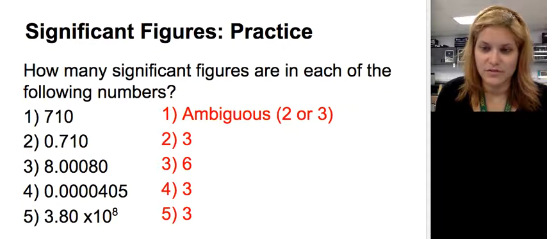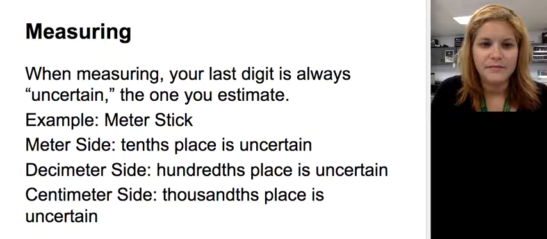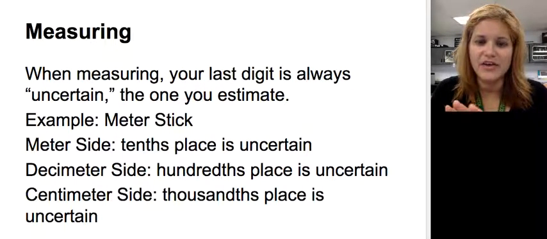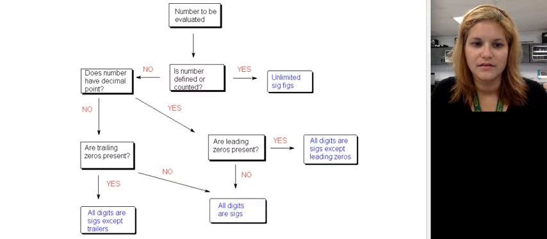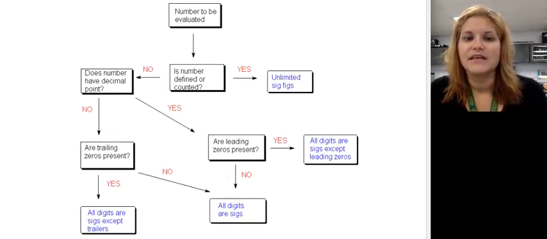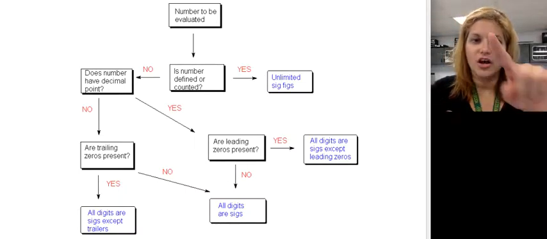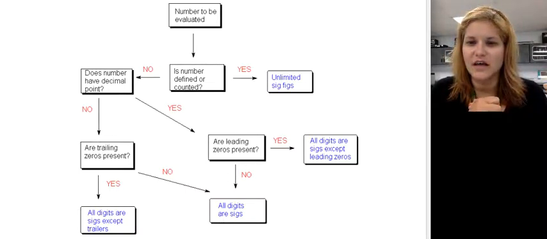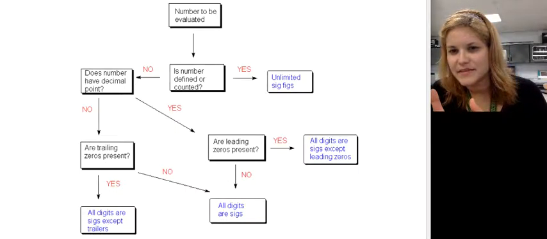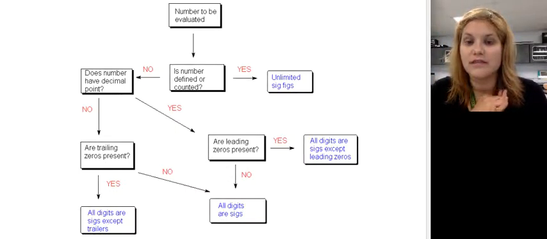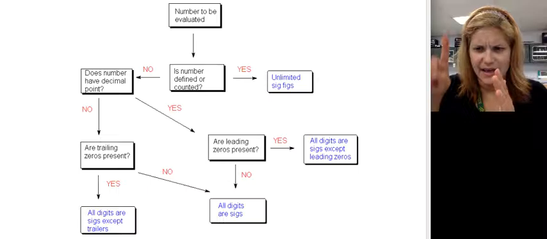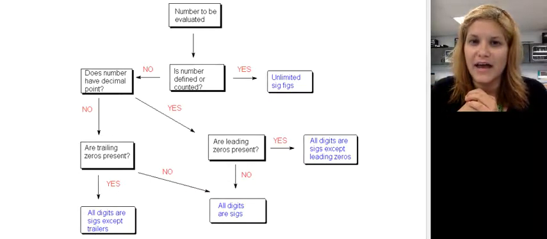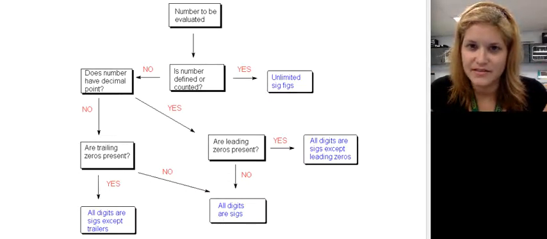Now, when we are measuring, remember that your last digit is always considered uncertain. Last thing, this is a chart that you can use to help yourself figure out whether something is significant or not. If you feel like you would like to use something like this when you're working, instead of just looking at the list of rules, we have some laminated copies of this in class.